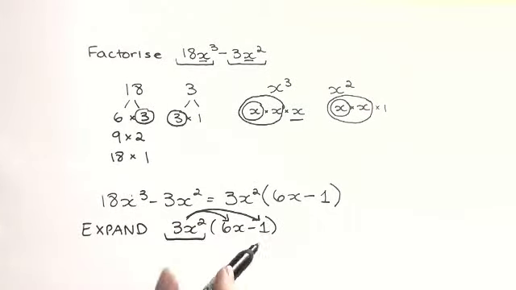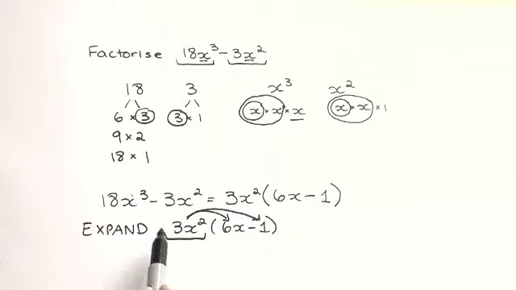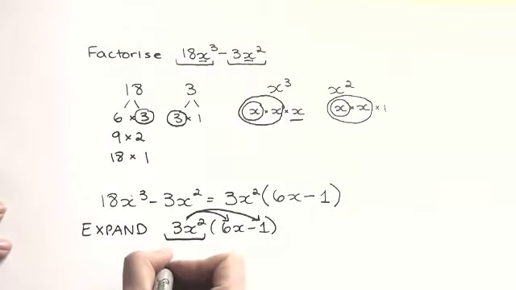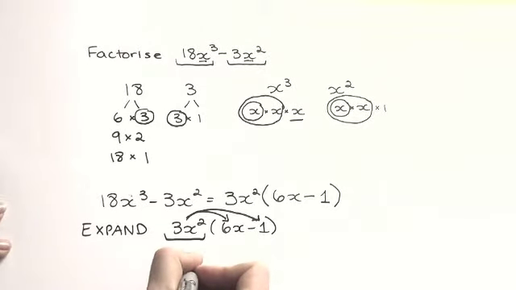So we're doing 3x squared times 6x, and 3x squared times negative 1, but we just keep that negative there. We don't really need to worry about it too much because we don't have a negative anywhere else, so it just stays as is.